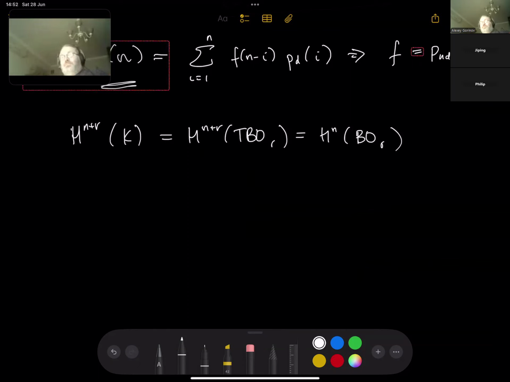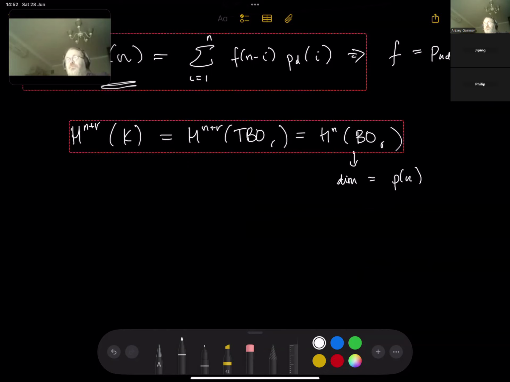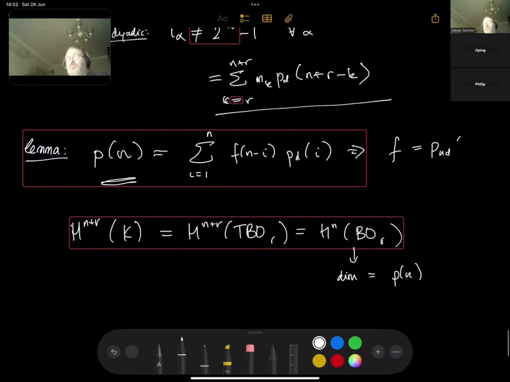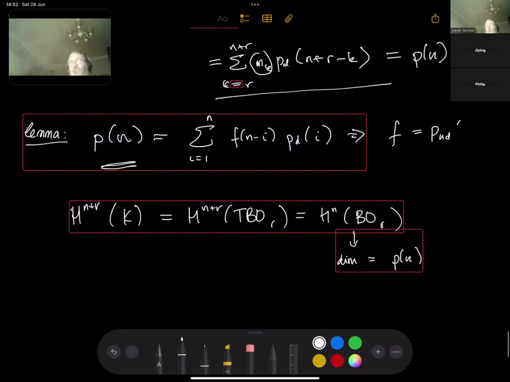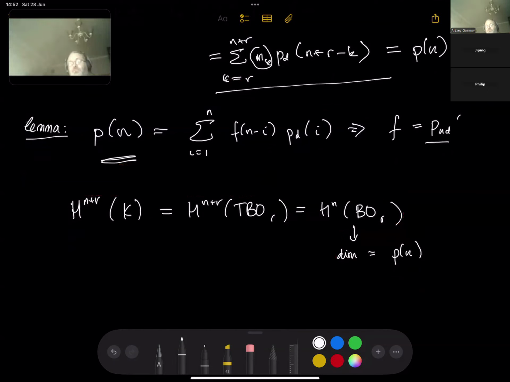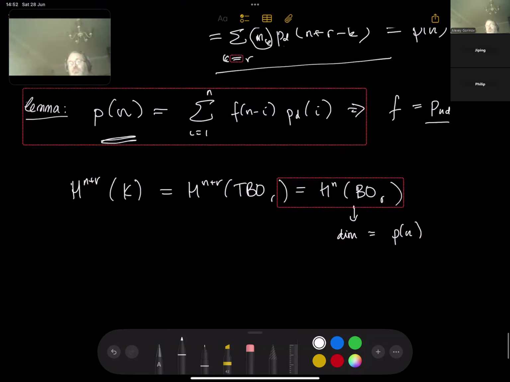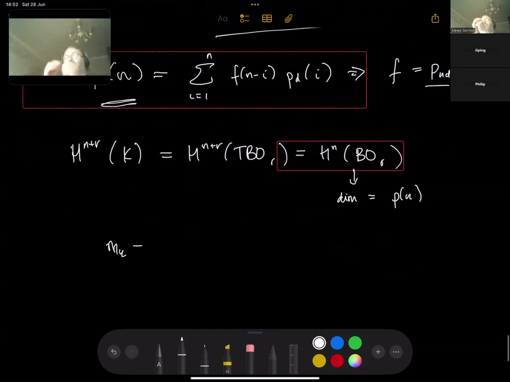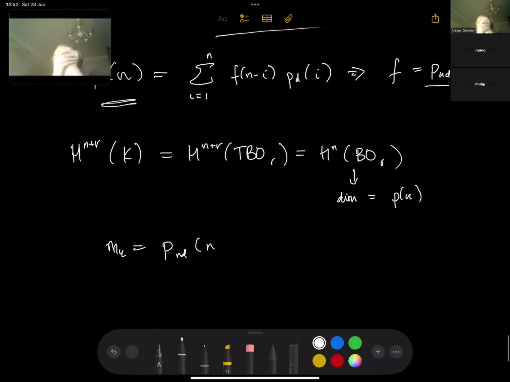We've shown all of these before, and so the dimension of this is known, and it has dimension the partitions of n. So now we can apply the lemma. This is the number of partitions of n, and then by the lemma, m_k is just the non-dyadic partitions of n minus k.